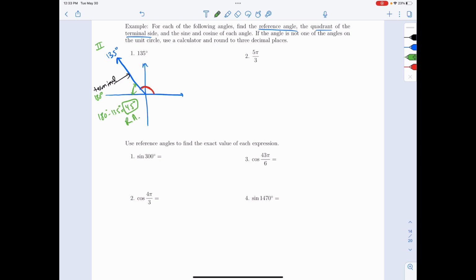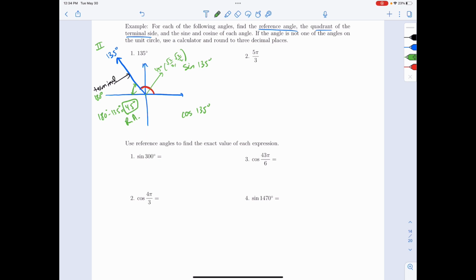And then I want sine of 135 degrees and cosine of 135 degrees. Using the fact that the reference angle is 45, the coordinates from the unit circle for an angle of 45 degrees are root 2 over 2 and root 2 over 2.